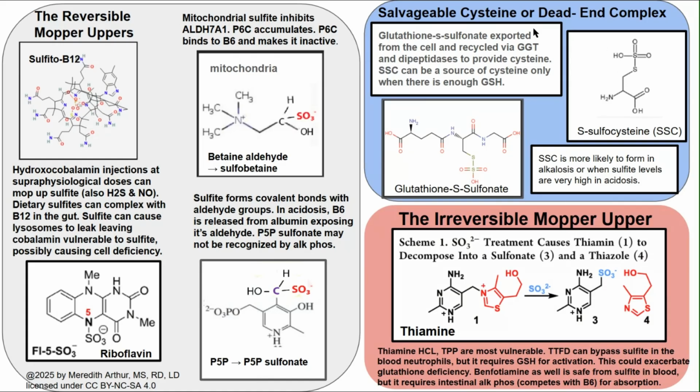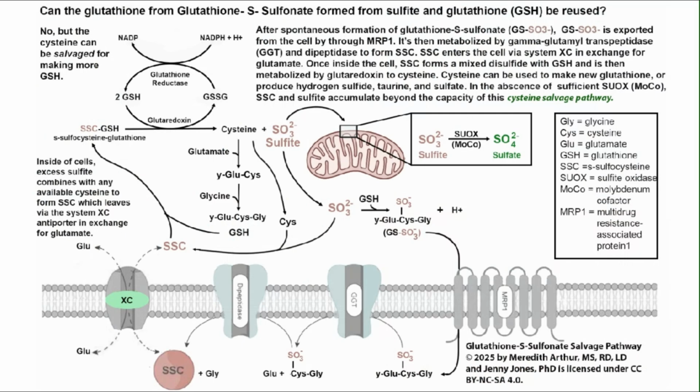Okay, so salvageable cysteine or dead end complexes are other ways that we can deal with sulfite. If you have excess sulfite, then normally you're going to use sulfite oxidase, which uses molybdenum cofactor, to make sulfate. That's the normal process. However, if that doesn't happen, then when sulfite starts to accumulate, you can use glutathione.